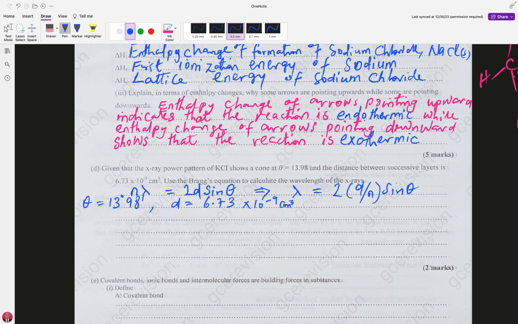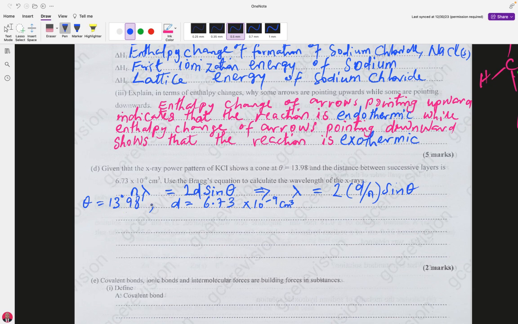Remember that n is the order of diffraction, and the order of diffraction is consecutive. It can be 1, 2, 3, 4.